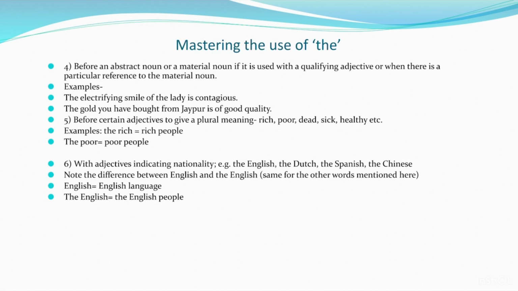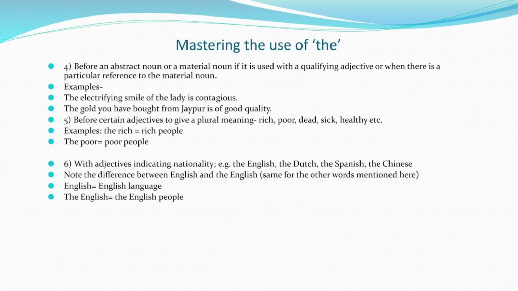Now, next example, the gold you have bought from Jaipur is of good quality. Sorry for the spelling error of Jaipur. Okay, the gold you have bought. So here a clause has been used to refer to the material gold.